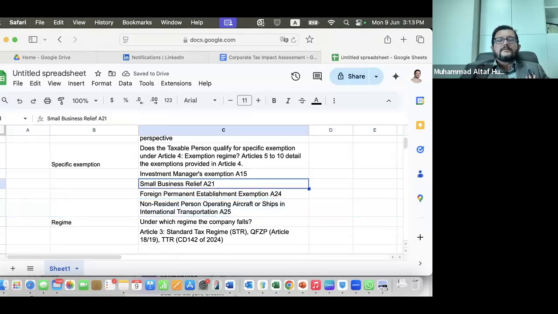Then immediately after 21, which is small business relief. In between, there are other things, like 18 and 19 for qualifying free zone persons. But those 16, we should look, because I think these are related articles for unincorporated partnerships and then family foundations.